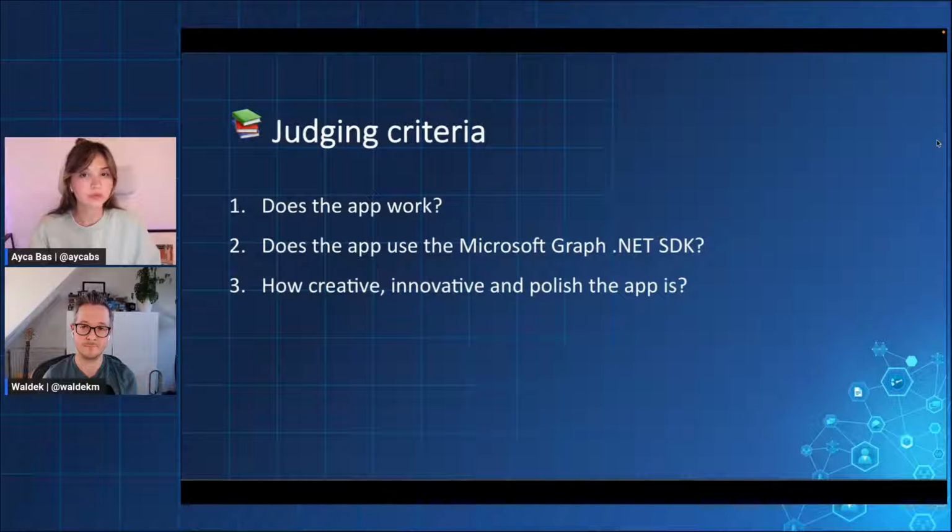We just want you to get started with Microsoft Graph. Maybe after some time, you will feel more comfortable and take your project to the next step. At that point, maybe you can start adding your creativity and more polish to your project. But don't worry about having too polished, too innovative projects. You can easily start with something simple with our templates or with our scenarios shared in the repo.